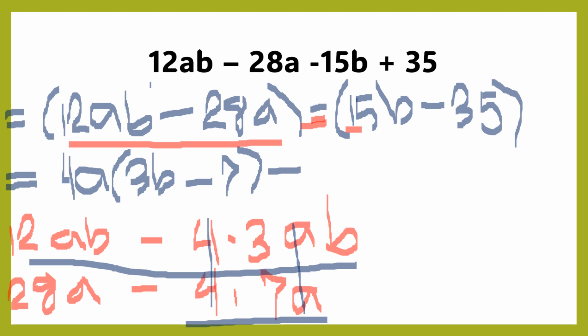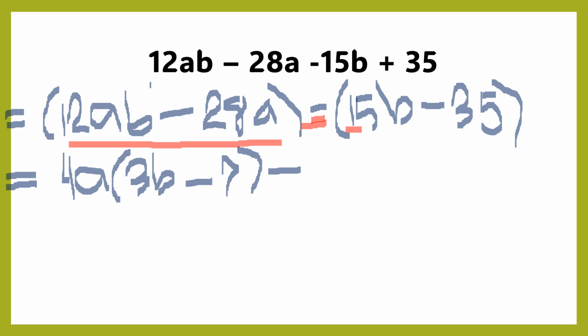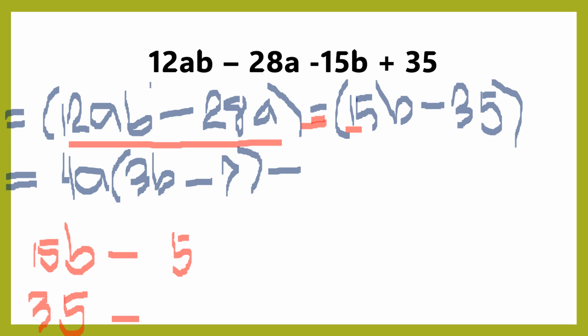Now, let's work for the second binomial. But let me erase this first. Now for the second binomial, the first term is 15b, and the second term is 35. Okay, now let's find the greatest common factor of 15 and 35. Its greatest common factor is 5. 15 divided by 5 is 3, and we have b.